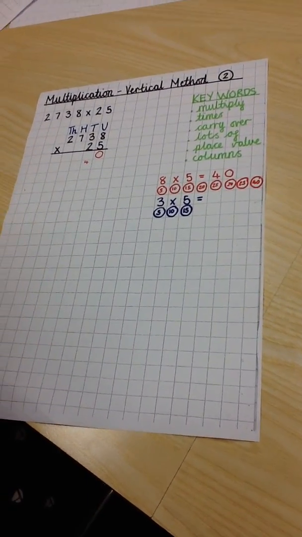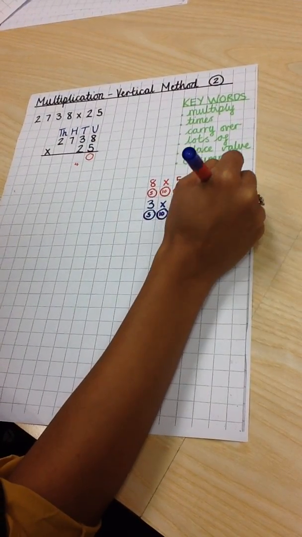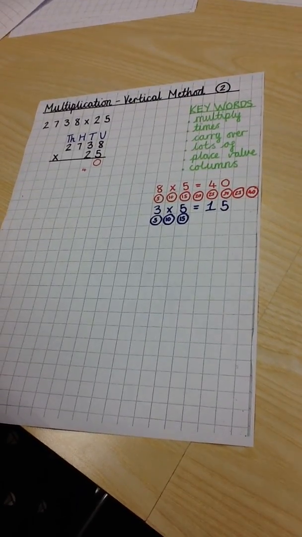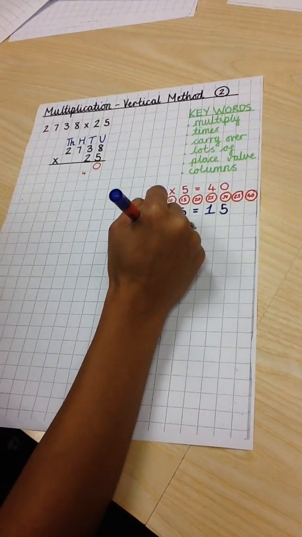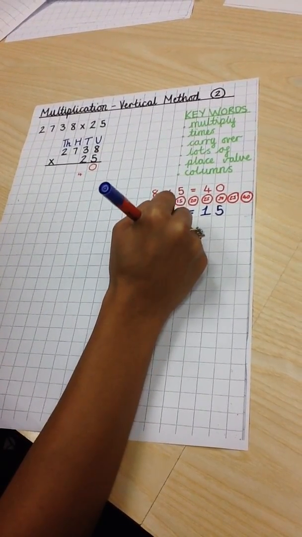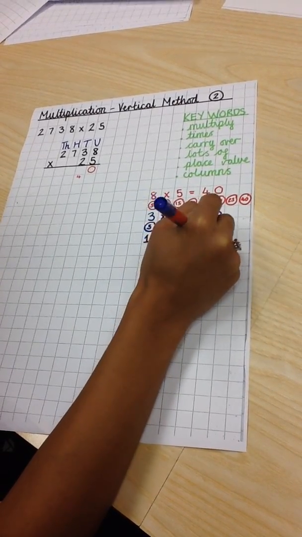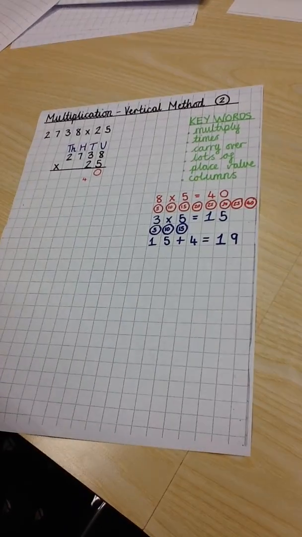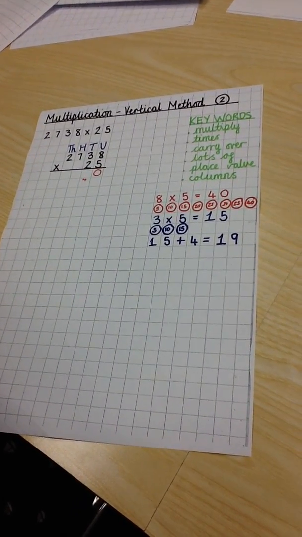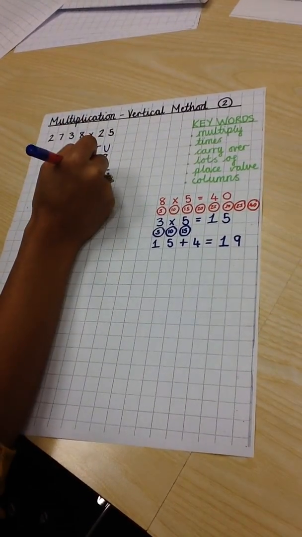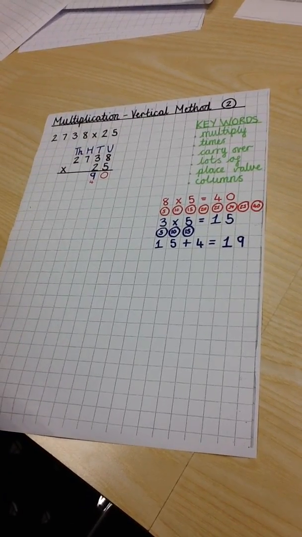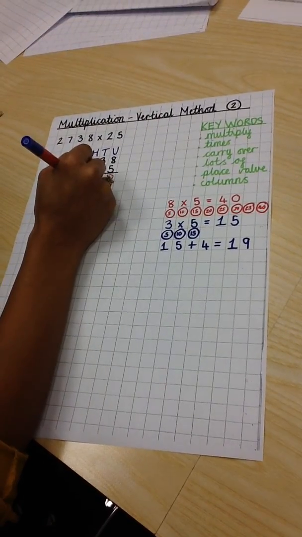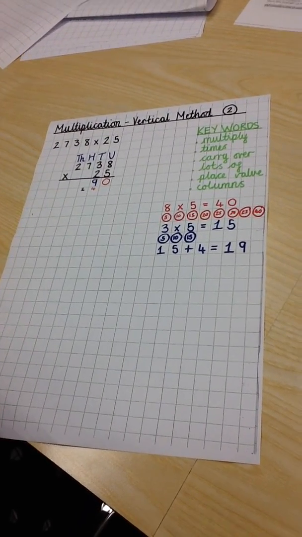The answer you should get is 15. Next, we need to make sure that we add the 4 that we've carried over. So 15, add another 4 is 19. The 9 from this answer goes underneath the tens column. The 1 from this answer is carried over into the hundreds column, and again it is small and it is underneath the answer box.